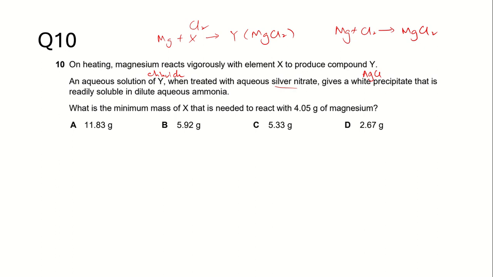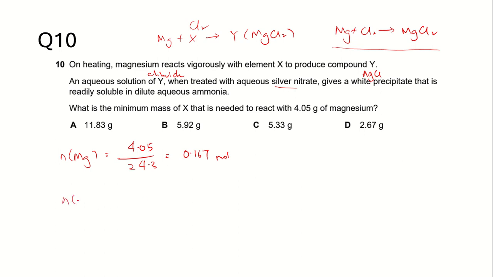Now I have the equation already. So we are supposed to find the mass of chlorine to react with magnesium. Let's find number of mole of magnesium. 4.05 divided by the atomic mass of magnesium, which is 24.3. If I use my calculator, it is 0.167 mole. Now, according to the equation, 1 mole of magnesium will react with 1 mole of chlorine.